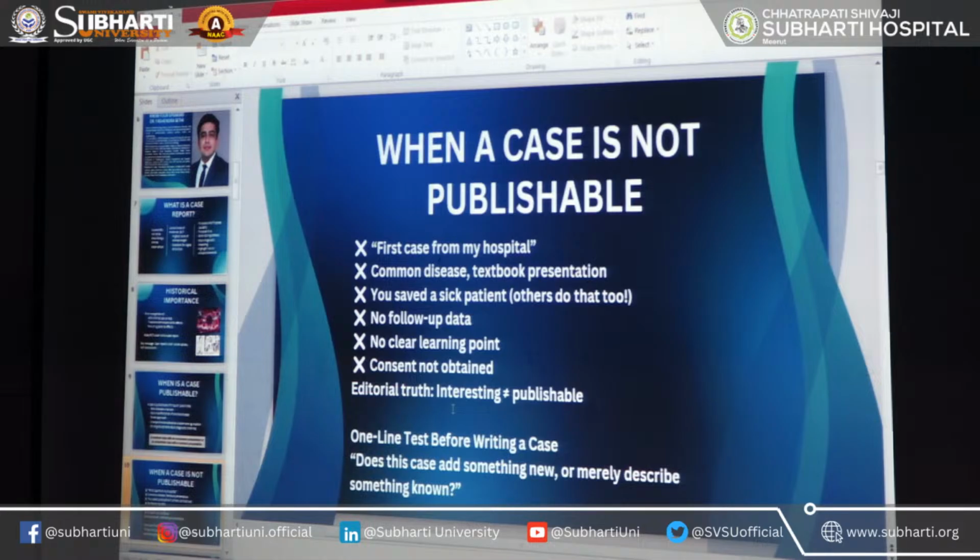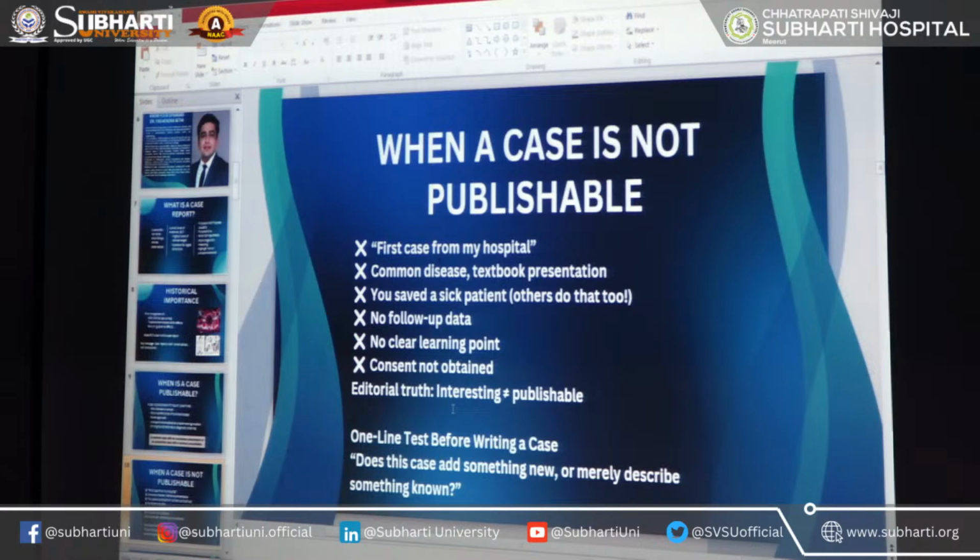There are many sites, Medscape, and you all know Medscape comes to us first. And in it we look for what we are searching and what the data is providing us. If it doesn't, we just keep on shuffling the pages. If your case has no clear learning point, there's no point in publishing that case.